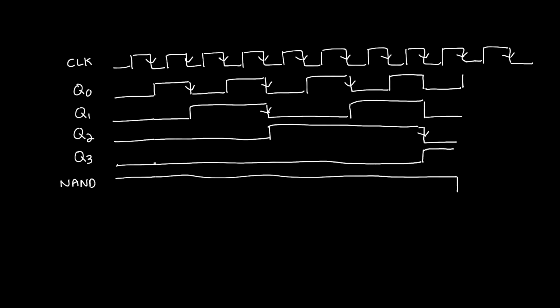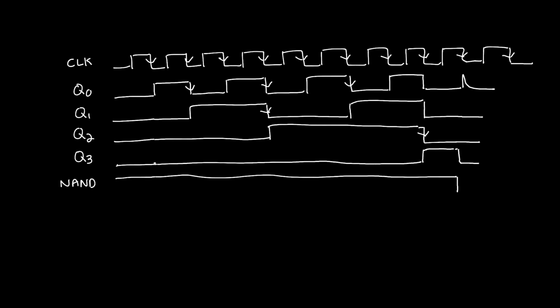And then what happens? As soon as the NAND gate output goes low, flip-flops reset. So Q3 is going to go low. Q2 is going to stay low. Q1 is going to stay low. And Q0 is going to have this weird little glitch where it went high, triggered the NAND gate, and got reset.